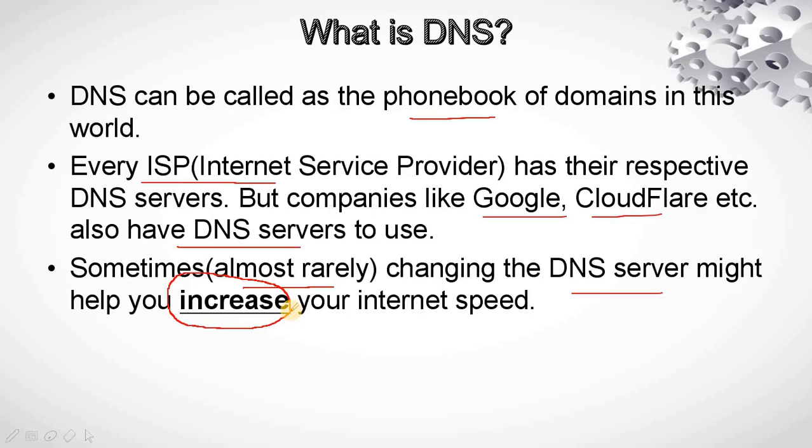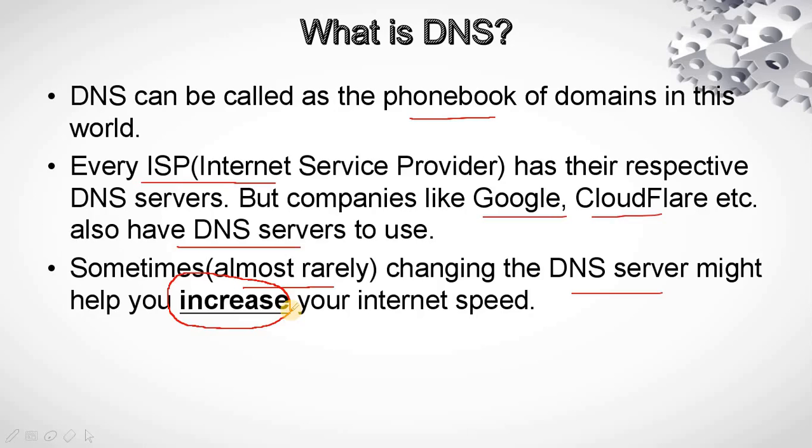If you enter a certain domain in your web browser, for example, let's say you typed in google.com and your browser connects to google.com. But what happens in the background is that the connection being made from your computer queries the DNS server of your ISP, or the DNS server that you are using, in order to determine the IP address of that particular domain you have entered, in this case google.com.